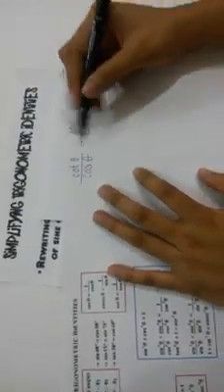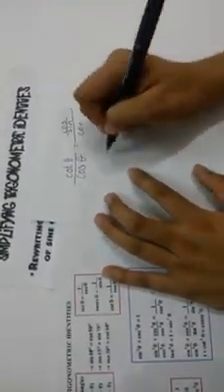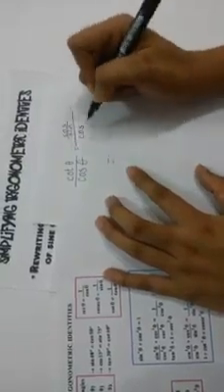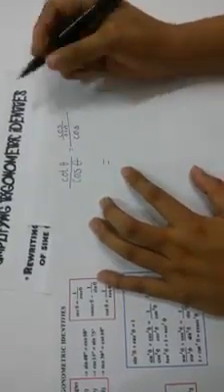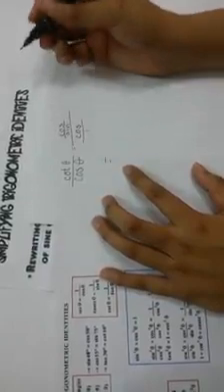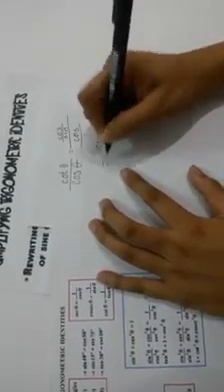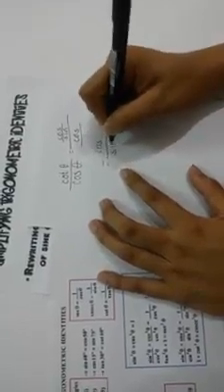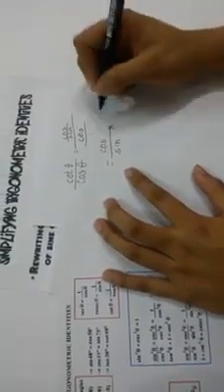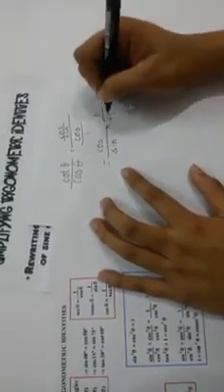To simplify this term, we'll get the reciprocal of cosine, which is 1 over cosine. So we'll get cosine over sine times 1 over cosine.